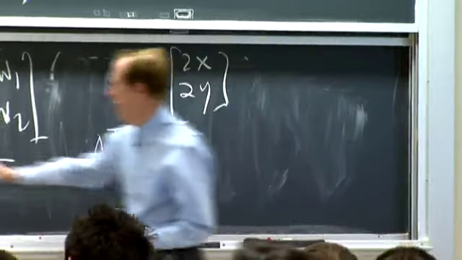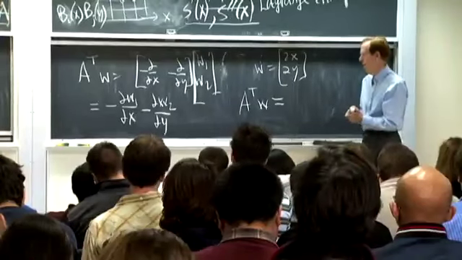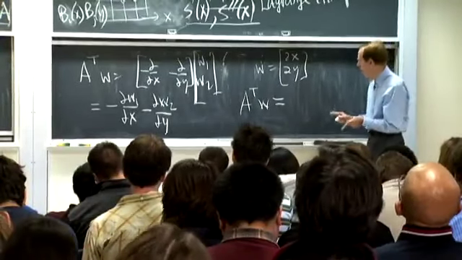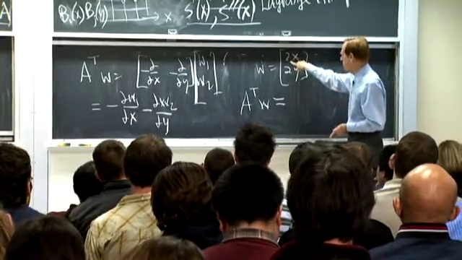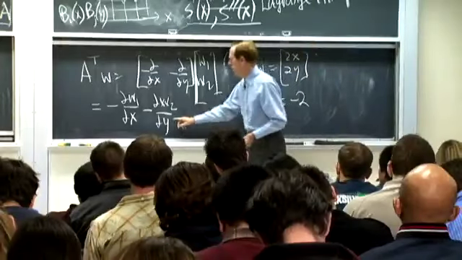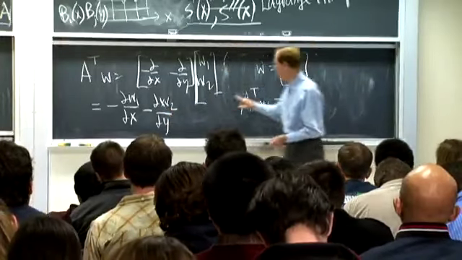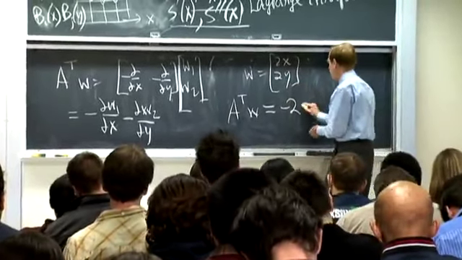Specifically, what am I getting out of it? That's minus the x derivative of the first one, and the x derivative of that is 2, so I'm getting a minus 2. And this is minus the y derivative of the second one, so that's another minus 2.